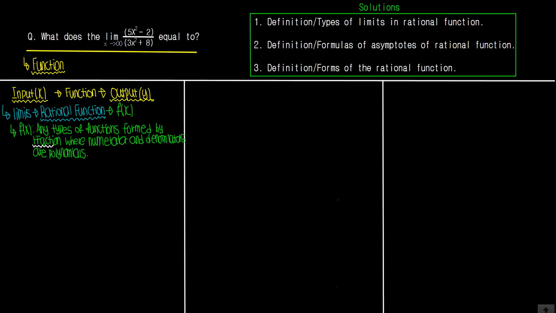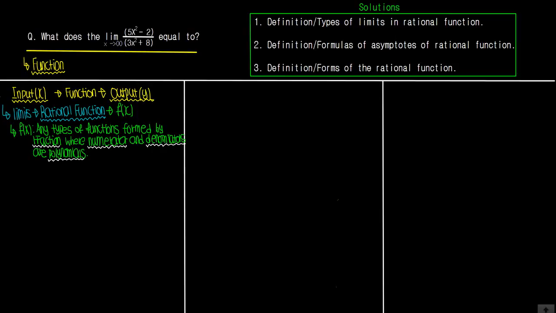This is the most important thing in our rational function. What is a fraction? It is something formed by a numerator and a denominator. The next thing we need to pay attention to is that the numerators and the denominators in our fraction should always be what? They should be polynomials. This is the main definition of our rational function.